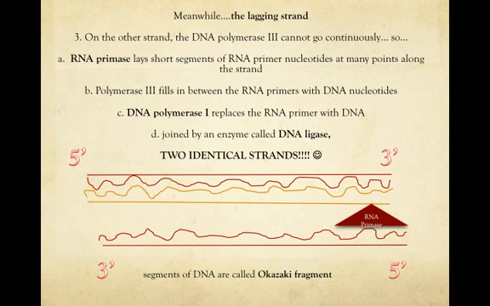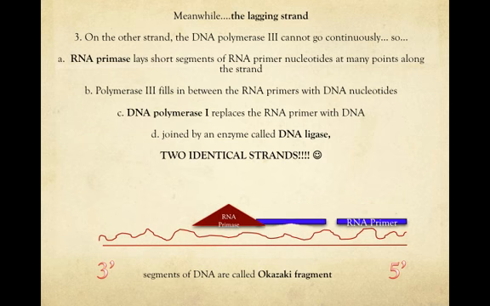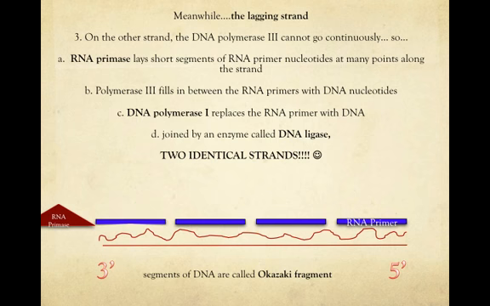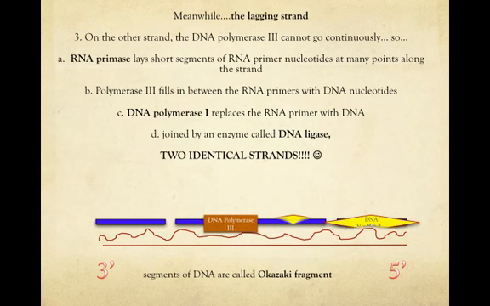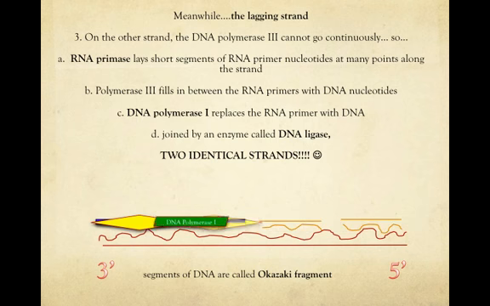The RNA primase lays short segments of RNA primer nucleotides at as many points along the strand. And then the DNA polymerase III fills in between the RNA primers with DNA nucleotides. After that, the DNA polymerase replaces the RNA primer with DNA, and these segments of DNA are called Okazaki fragments.